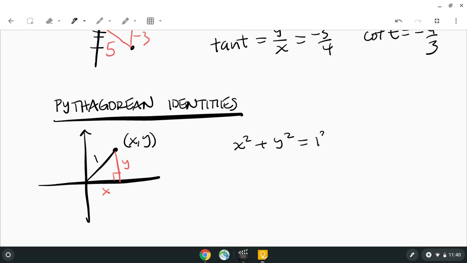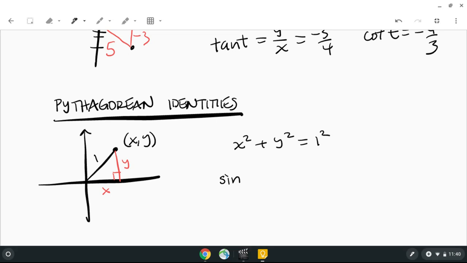Okay, but we have some values here for x and y, because take a look. So we're dealing with unit circle, so r is 1, right? And we know that sine, here, I'll call this theta, or you know what, we've been using t. Let's use t. Okay, so let's call that t.